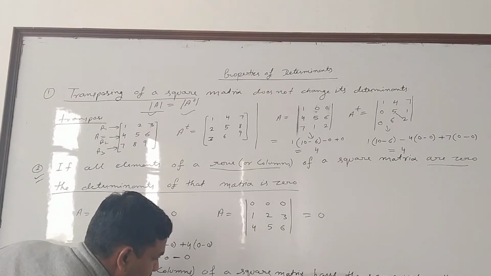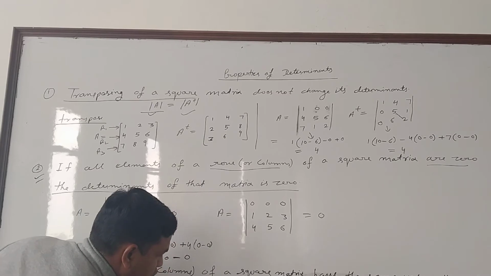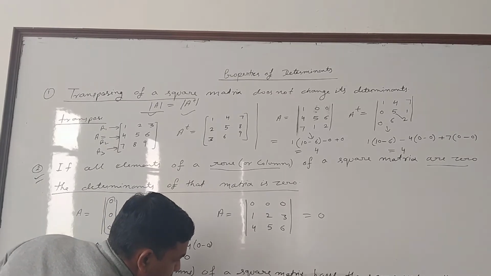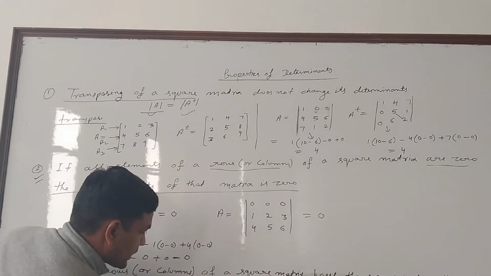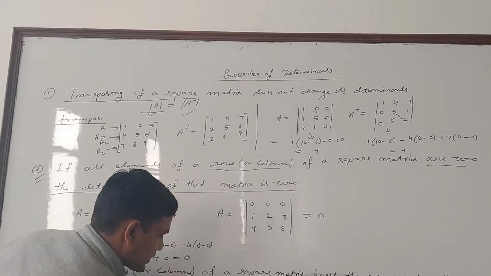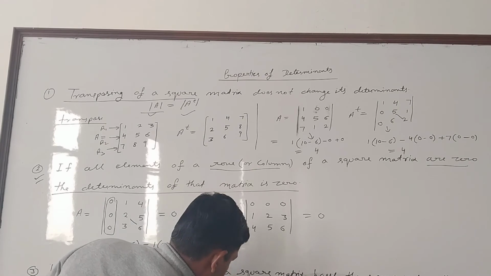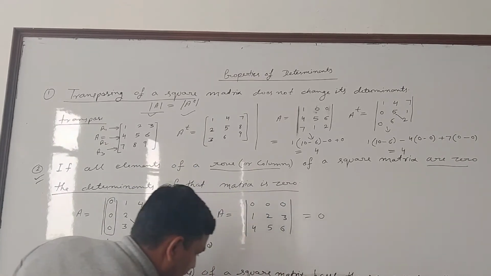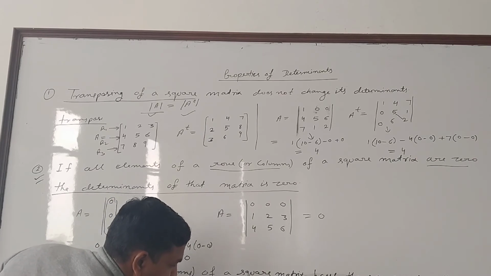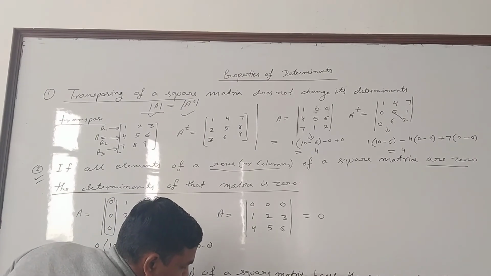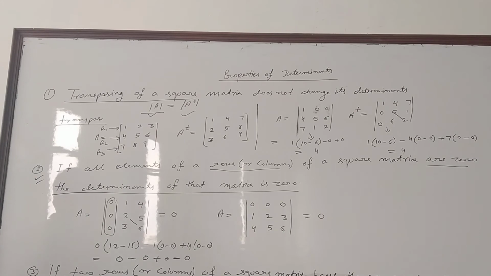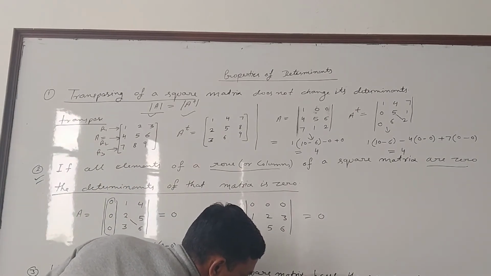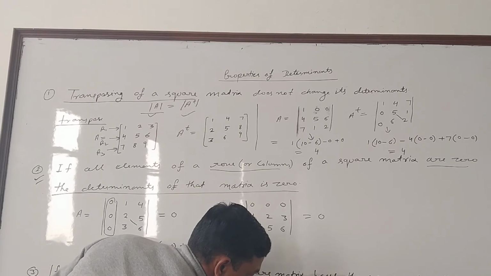If you want to simplify this, then the answer of this is 1 minus 14 minus 18 minus 2, and this is the 7 minus 15 and plus 3, this is the 6 minus 10. Then it is equal to minus 4, then minus 2 into minus 8 plus 3 into minus 4.